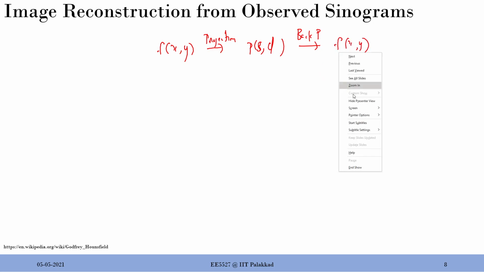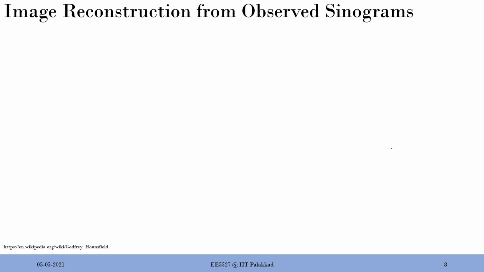So let's actually think how to go about it. Initially, way back in the 1960s, a person named Godfrey Hounsfield, a very popular name in this field, did direct inversion. Let's say you have n unknowns.